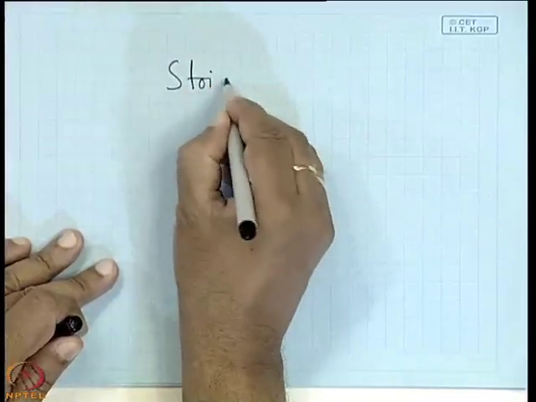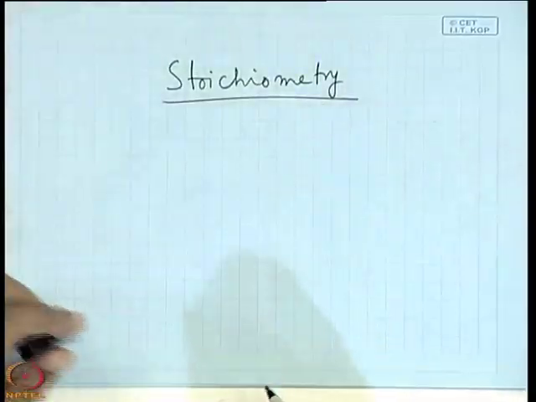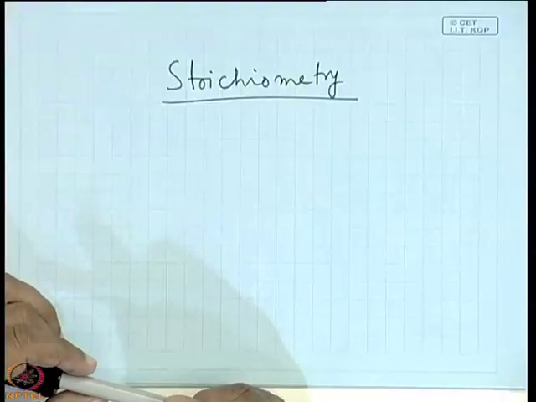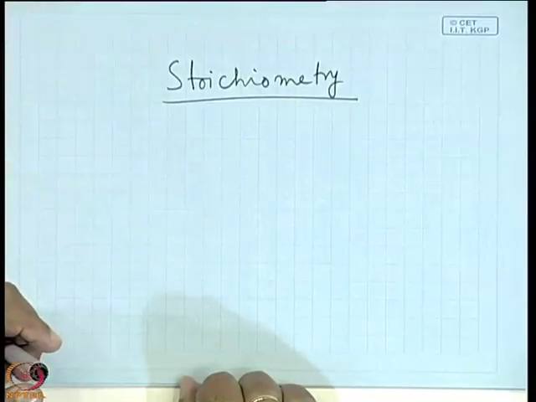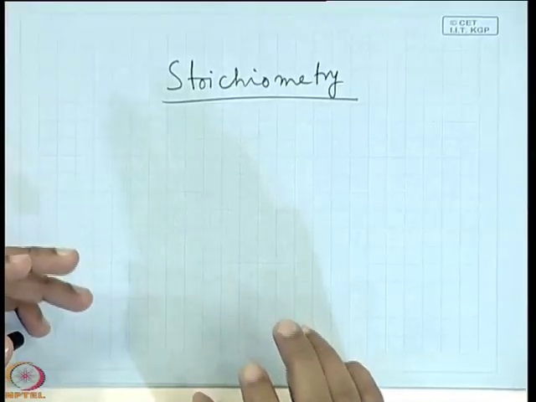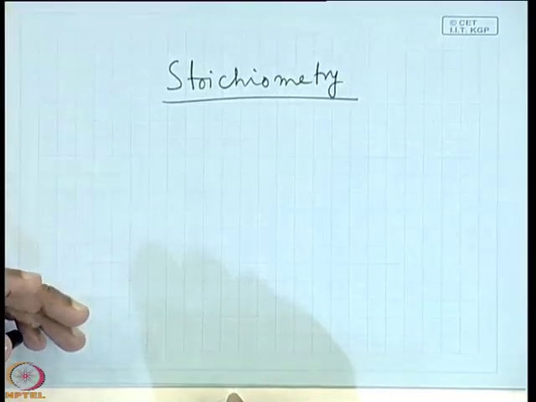The difficulty is stoichiometry. You have heard the term stoichiometry, particularly the chemistry students. What is this stoichiometry? Chemical balance. Yes, chemical balance. So, when you make a material, definite proportions of materials are there, and if you take the ratio, it gives you the law of definite proportion.